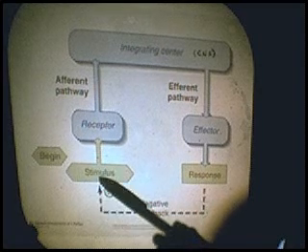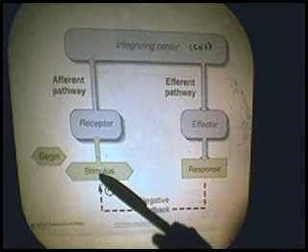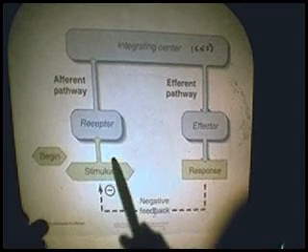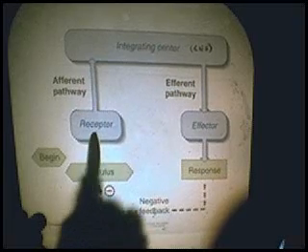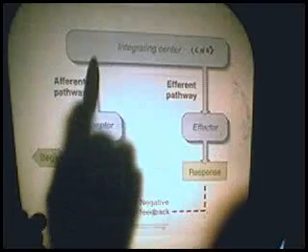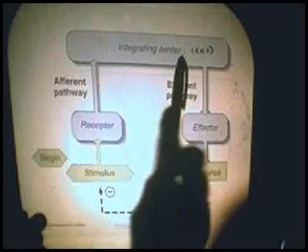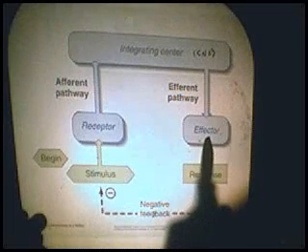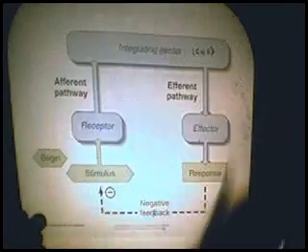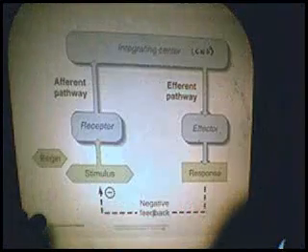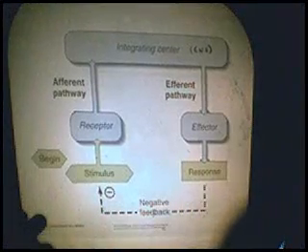And what happens is the stimulus, in this case being chilled, will then not be such a big stimulus. Your receptor will say, "Oop, not so cold anymore." The integrating center will say, "Well, then slow down your shivering." So you will actually see that your central nervous system talks to the rest of your body in order to make sure that everything is kept in balance.